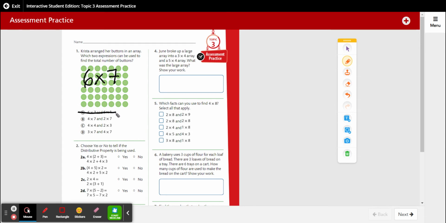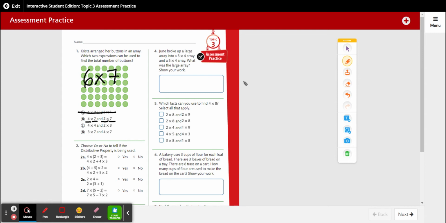All right, now let's look at B. 4 times 7 and 2 times 7. So does that work? Well, 4 and 2 are 6, and 7 is one of the factors.